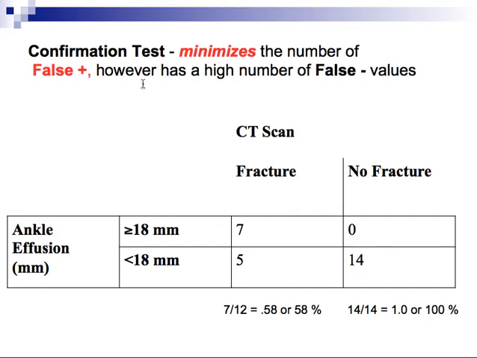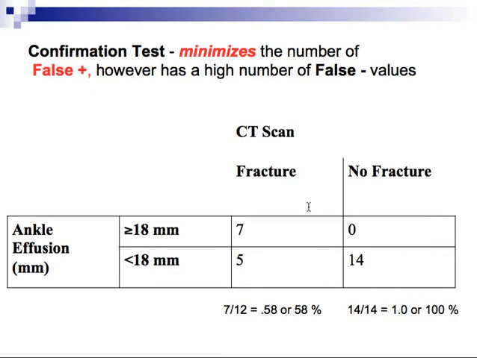So let's look at what happens in our 2x2 table if we do that. Here are our cutoff values for the positive tests in the top row and the negative tests in the bottom row. And what we can see is that false positives, which is this upper right box, is 0, and we can see that specificity is now 100% or perfect.